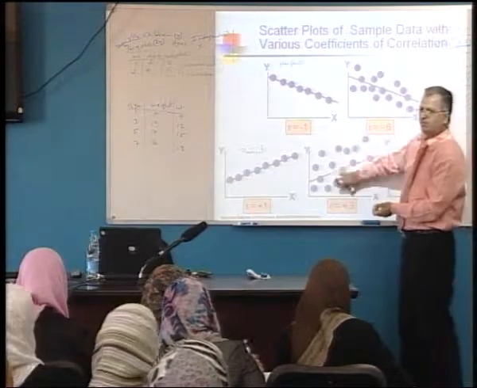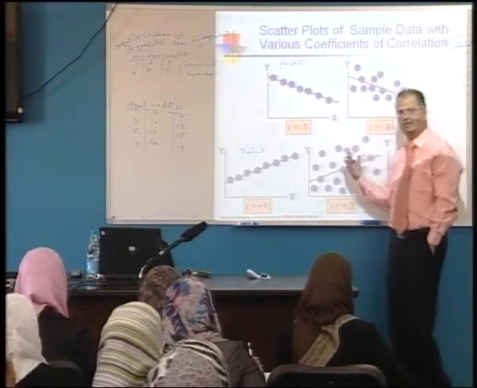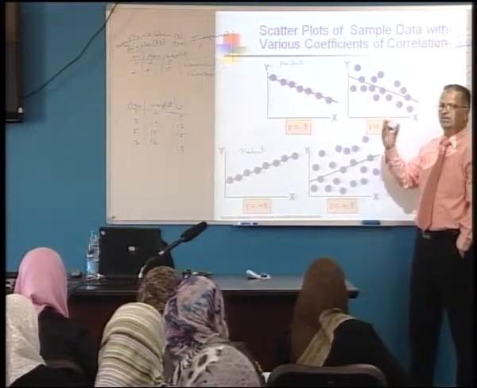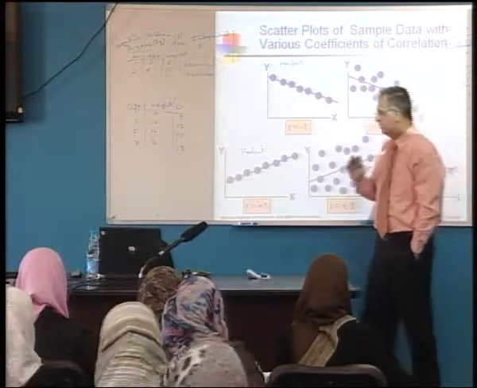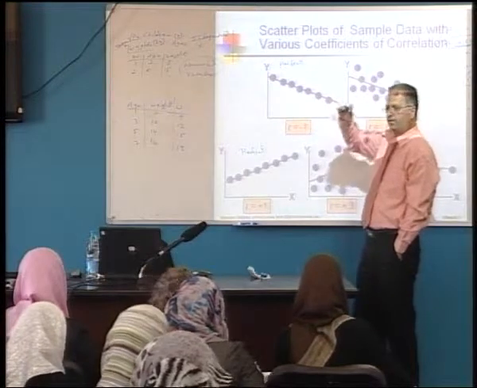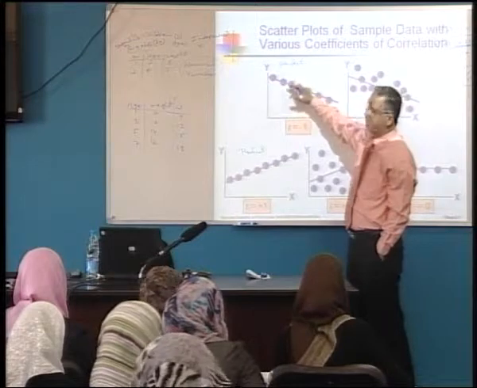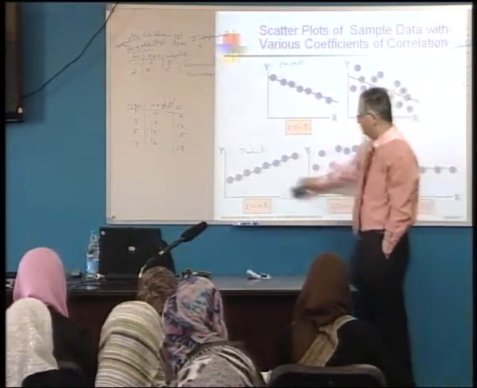In this one, most of the points are scattered away from the straight line, so there exists a weak relationship. By just looking at the scatter plot, sometimes it's hard to tell. But most of the time you can tell at least the direction, positive or negative, the form, linear or non-linear, or the strength of the relationship.